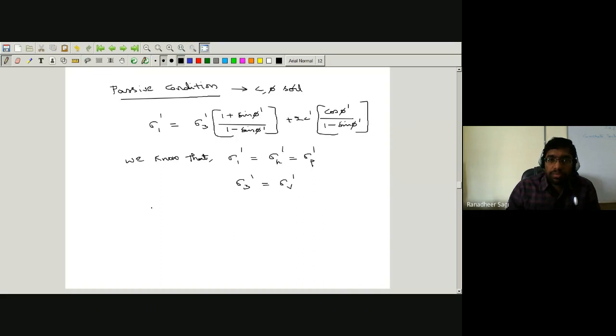Upon substituting sigma 1 dash and sigma 3 dash, and replacing 1 plus sine phi dash by 1 minus sine phi dash and cos phi dash by 1 minus sine phi dash, what I get is sigma p dash, because sigma 1 dash is sigma p dash, equal to Kp into sigma v dash plus 2c dash into under root Kp. This is the expression we are going to get.